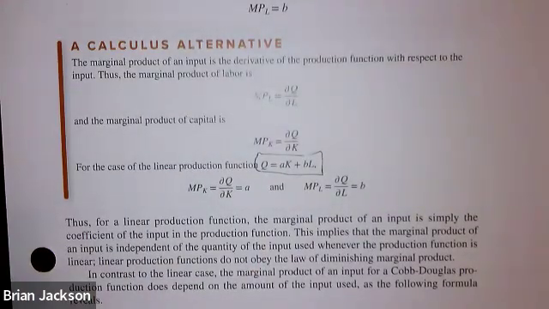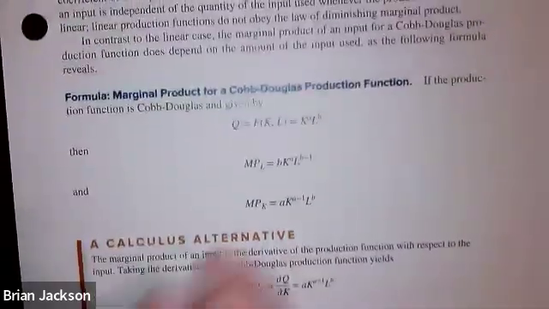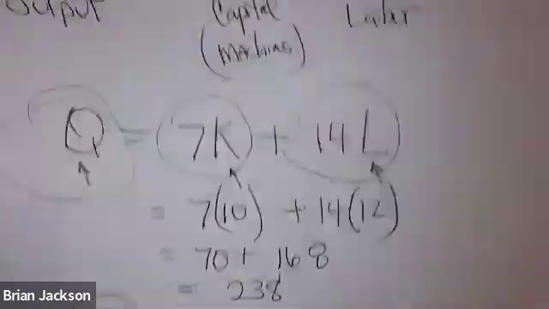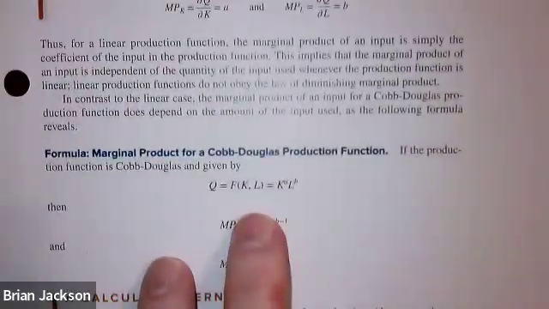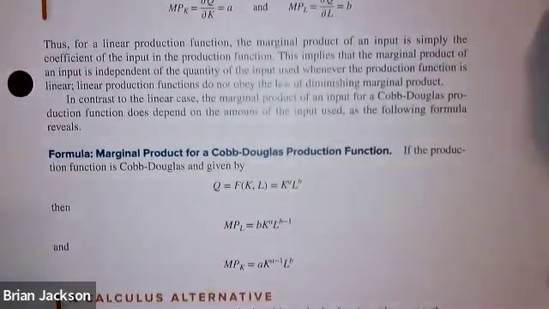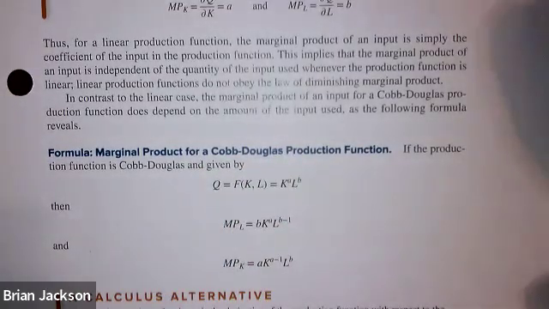Now, they introduce for you here a new production function. It's not a simple polynomial like you have here with 7K plus 14L, say. They introduce what's called a Cobb-Douglas production function. There's a lot about a Cobb-Douglas production function that's very real world, but it's kind of beyond the scope of our class to explain why.